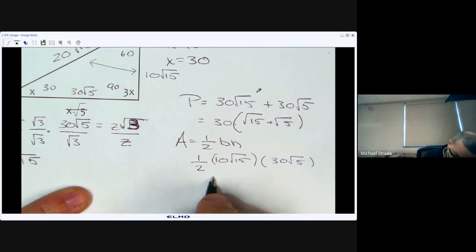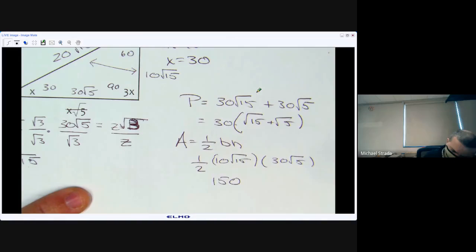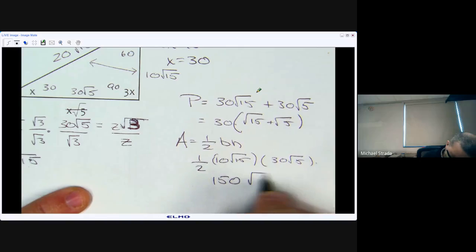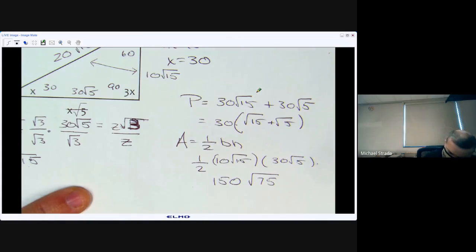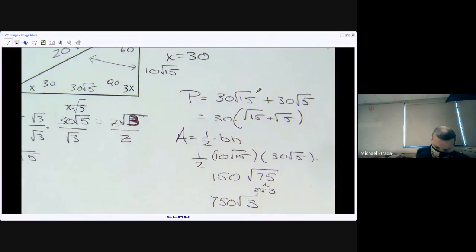Half of 300 is 150. Root 15 times root 5 is root 75. Root 75 breaks down into 25 and 3. The square root of 25 is 5. I'd multiply by the outside number to give me 750 root 3. So that would be my area.